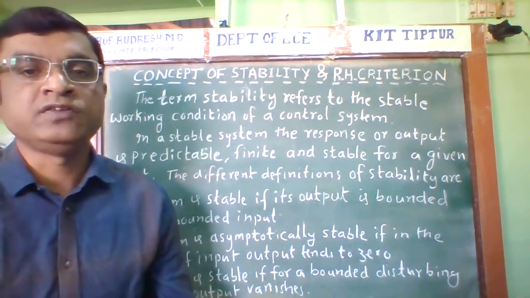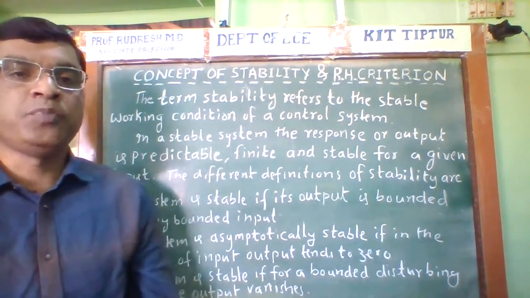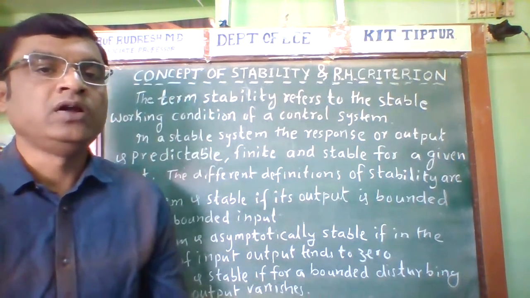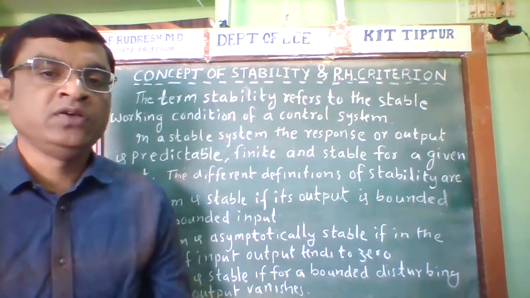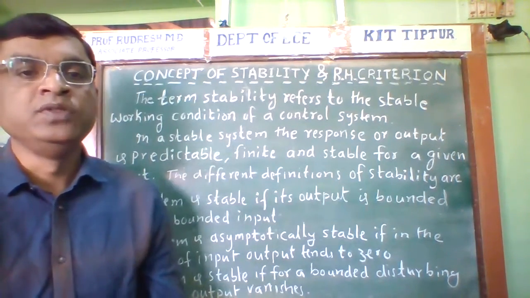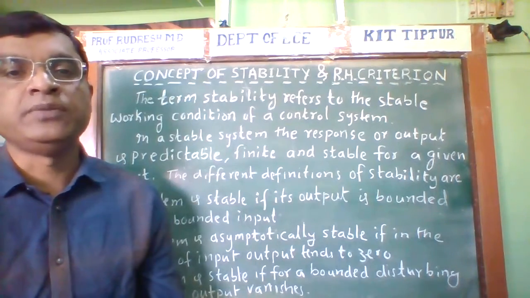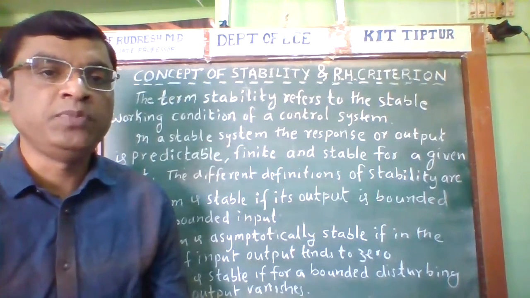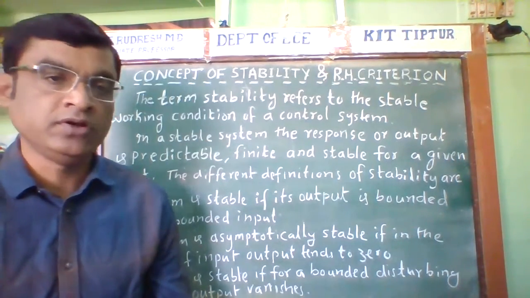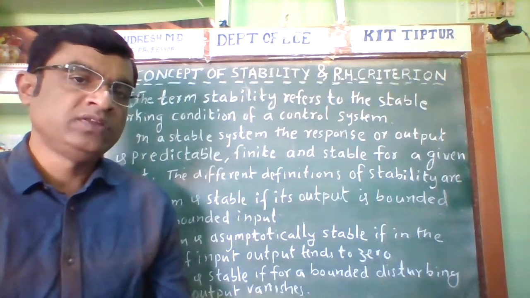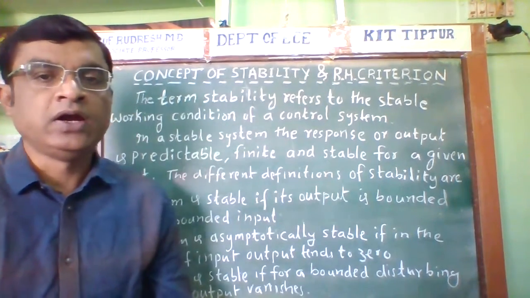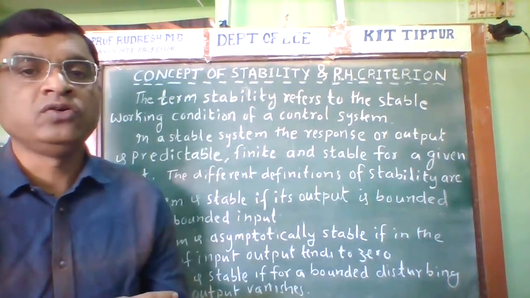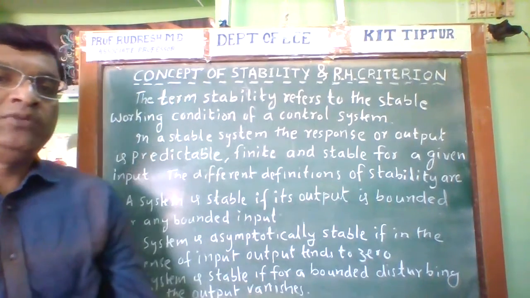In a stable system, the output or response is predictable and also finite. If the system is stable, we can predict the output, and the output obtained is also finite and stable for the given input.